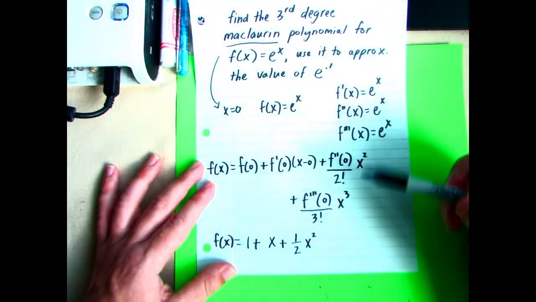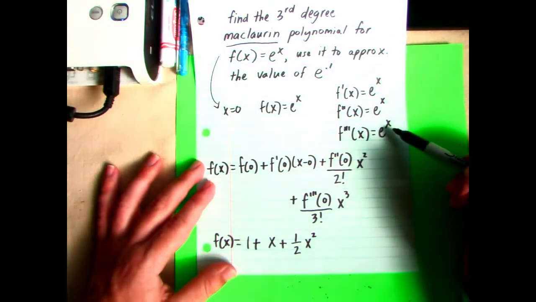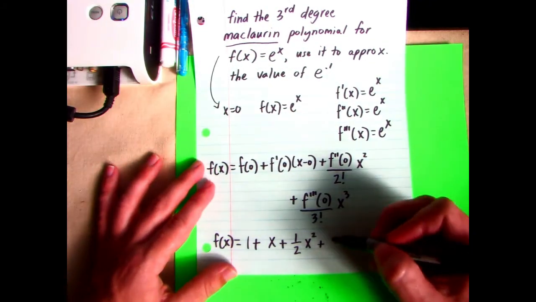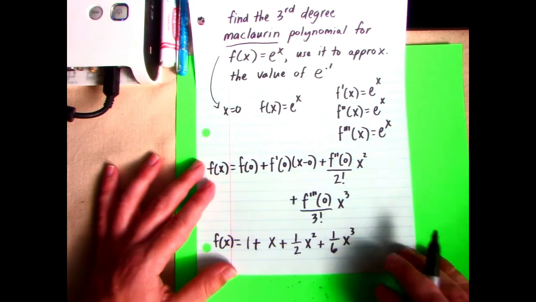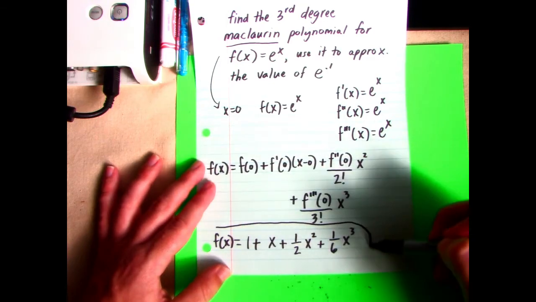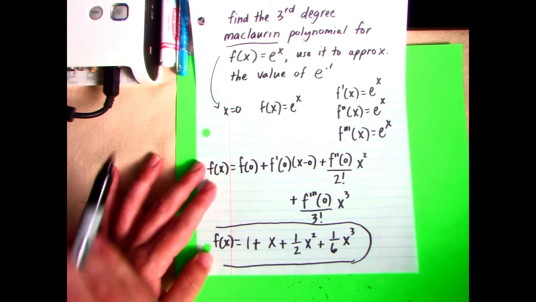And then finally, f triple prime of 0 is also going to be 1. So 1 over 3 factorial is 1/6 times x cubed. So there is my third degree Maclaurin polynomial.